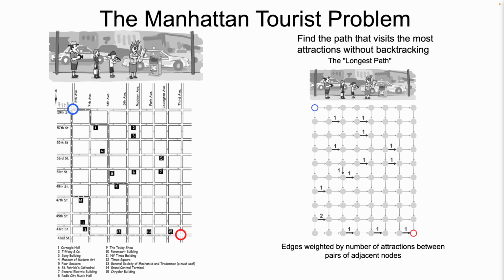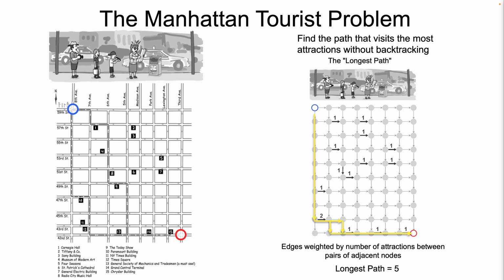And so now, how do you find what we call the longest path? And we call it the longest because it has the highest score. In this case, the most attractions. In case the terminology is not clear, nodes are the dots, edges are the lines in between them. Okay? And so the edges are weighted by the number of attractions in this Manhattan question.